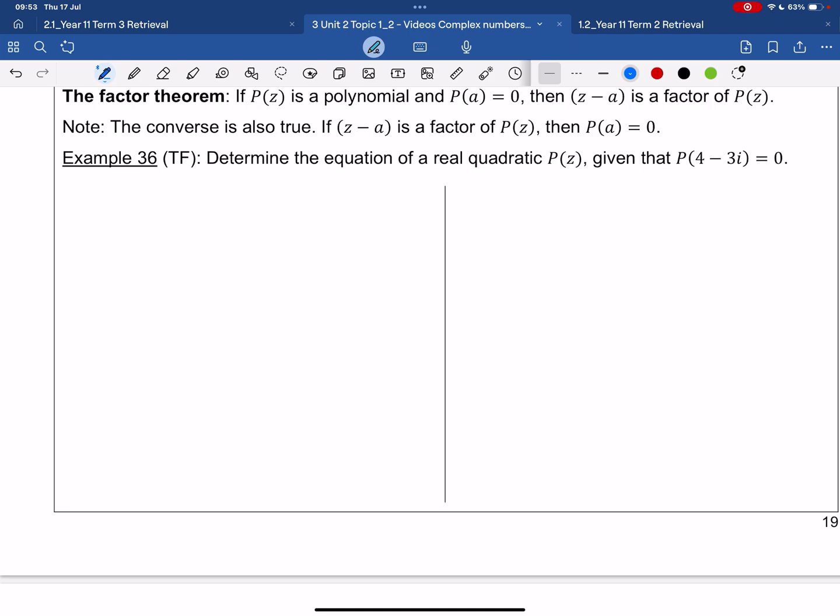All right, so we've been given that p of 4 minus 3i is equal to 0.